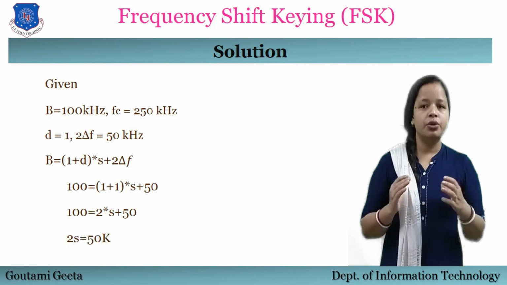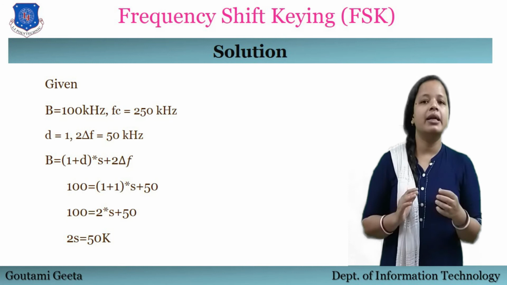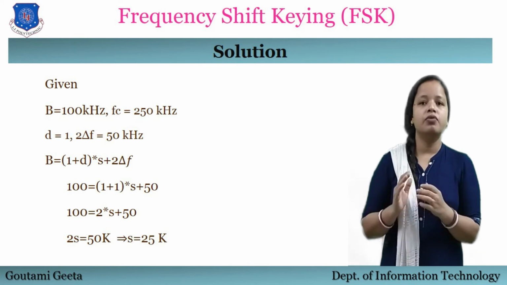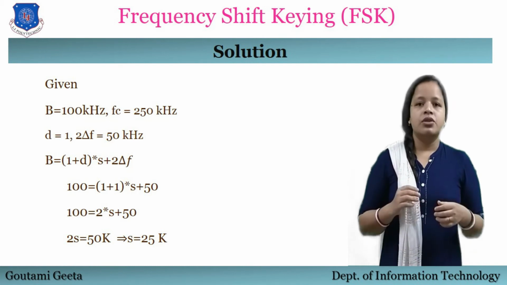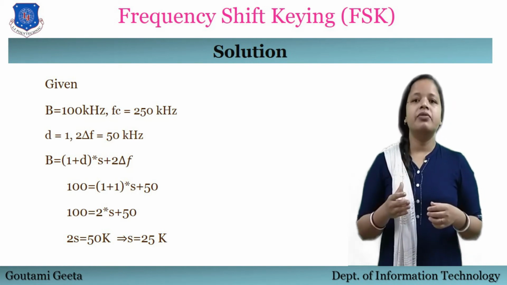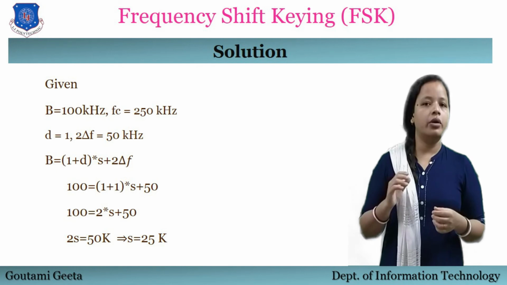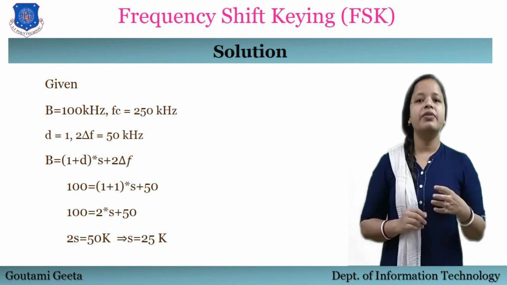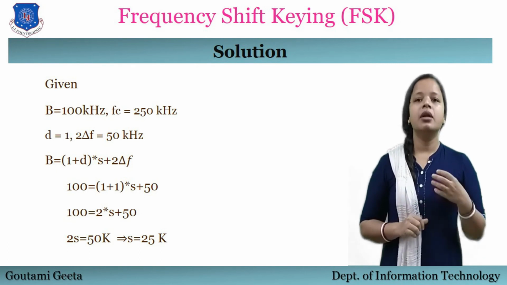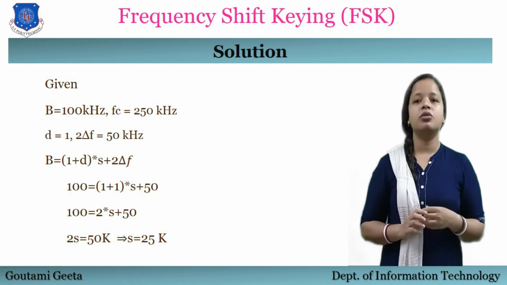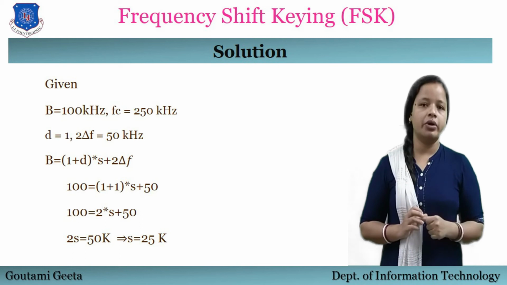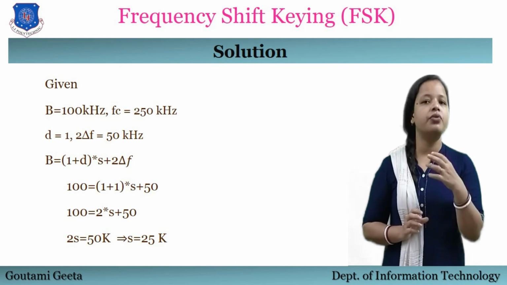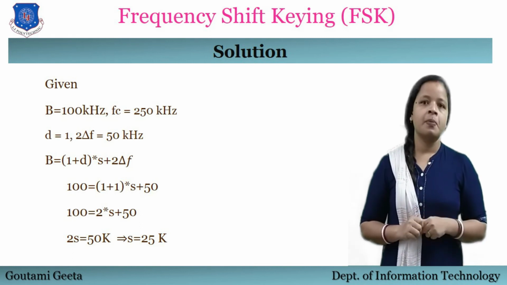This implies 2S is equal to 50 and S is equal to 50 by 2, which equals 25K. So our baud rate will be 25K baud. Since the baud rate is 25K baud and the number of bits per symbol is not given, we are assuming bit rate is equal to baud rate, that is bit rate is equal to 25 kbps.